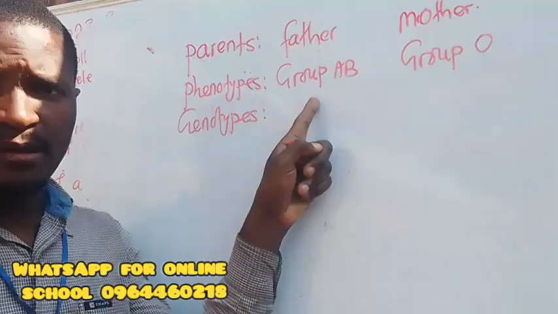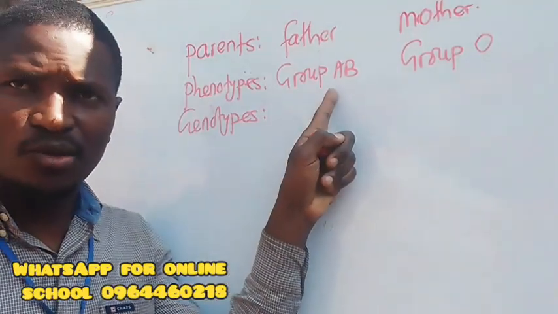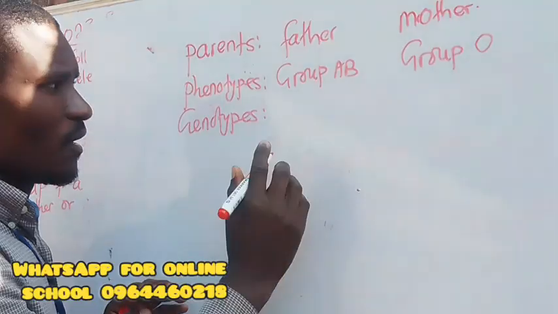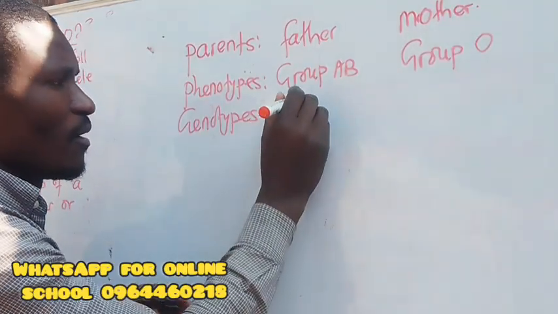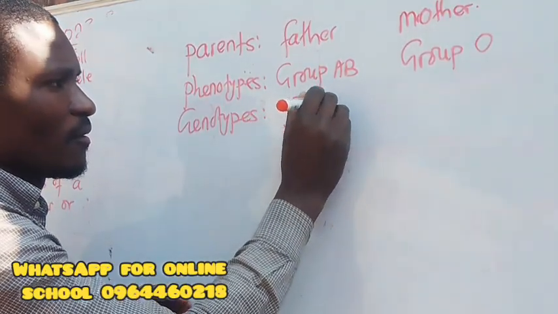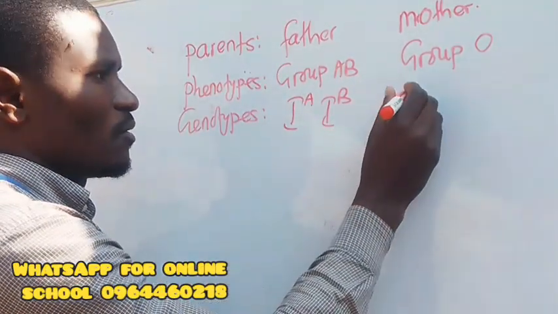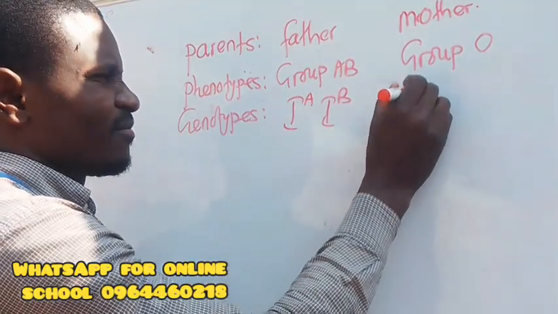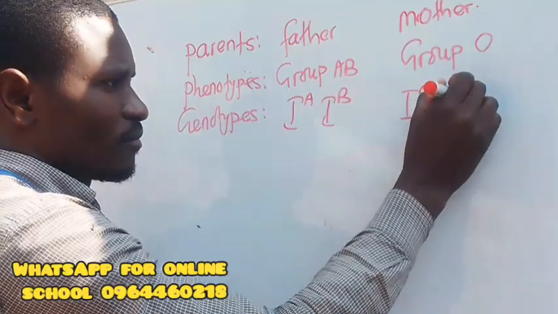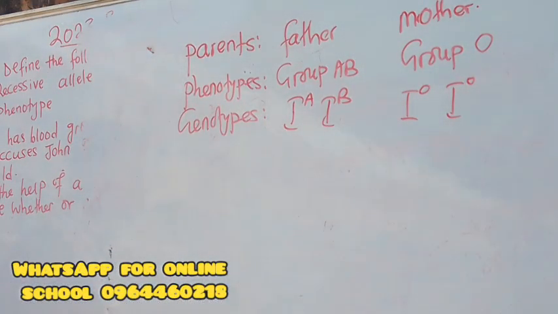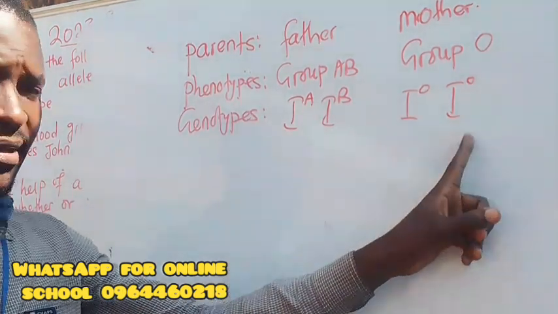Now we have to express this blood group AB using alleles. So this is going to be I A, then I B. And then this one is going to be the other. So these are the genotypes.